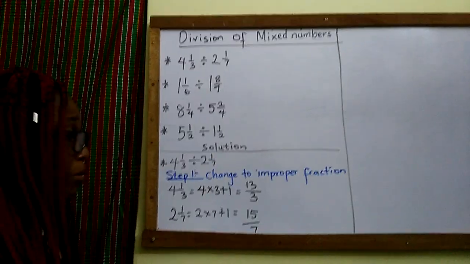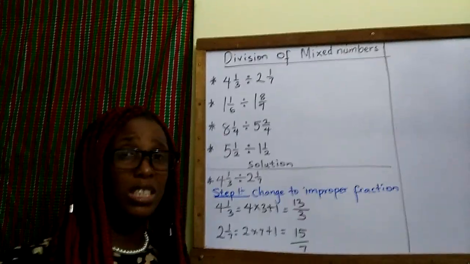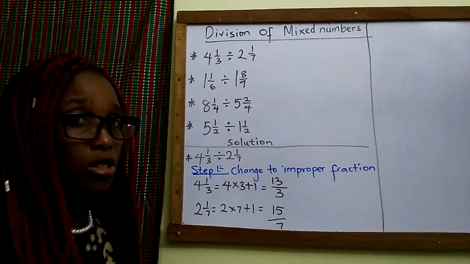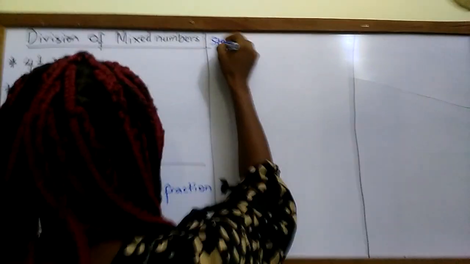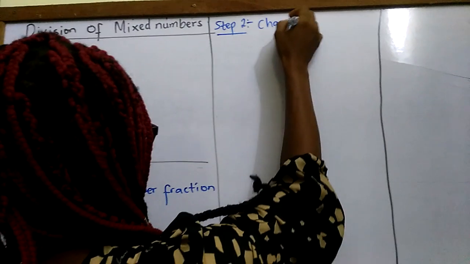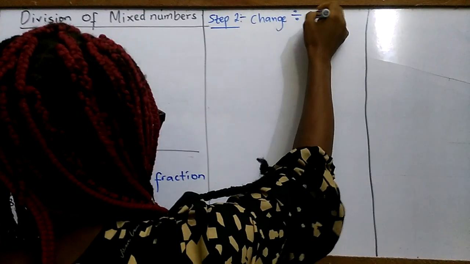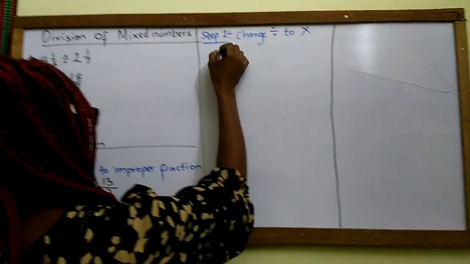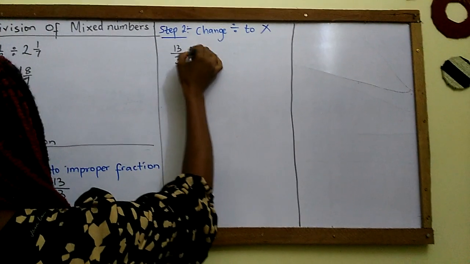When you are changing to improper fraction, you must take note of your digits properly. The moment you subtract 1 or add 1, you have missed the whole question. Now for step 2, we are going to change divide to times. So you have 13 over 3 divided by 15 over 7.